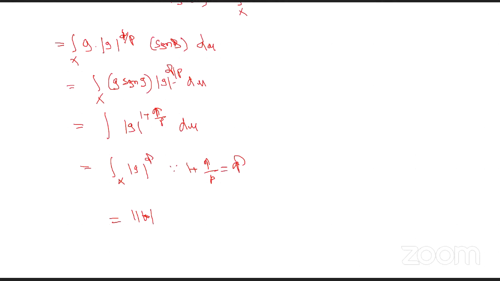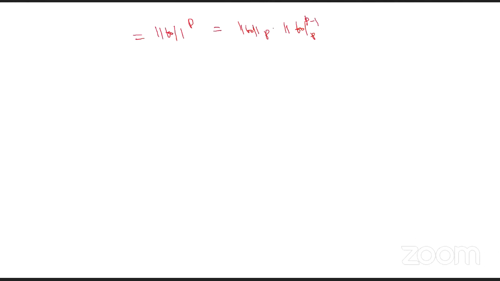That equals norm f naught p into norm of f naught to the power p minus 1, that equals norm f naught p into norm g q.